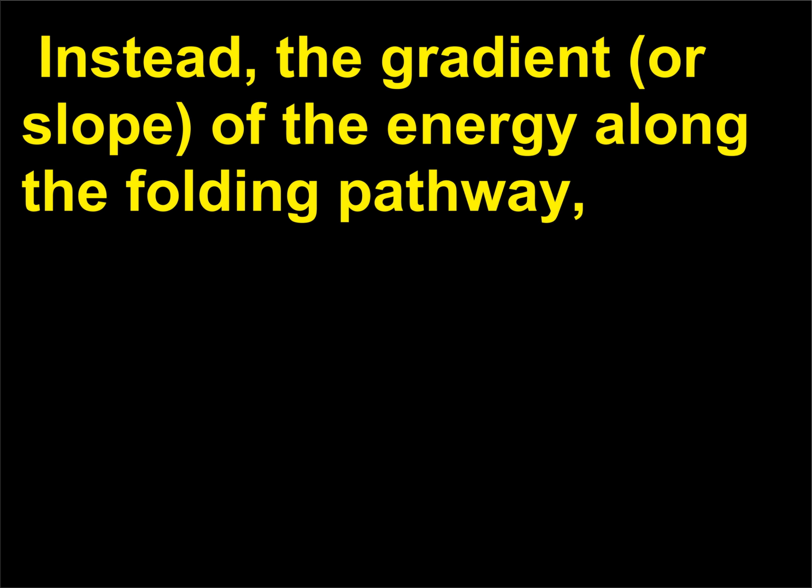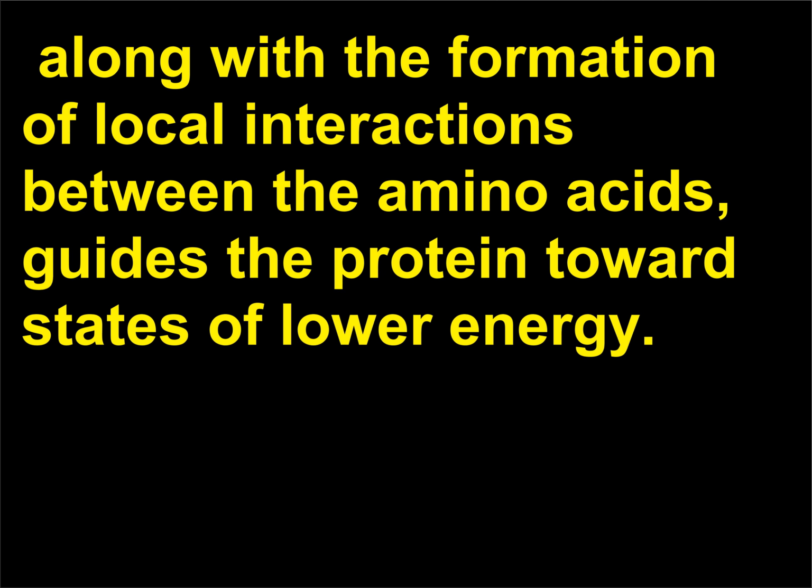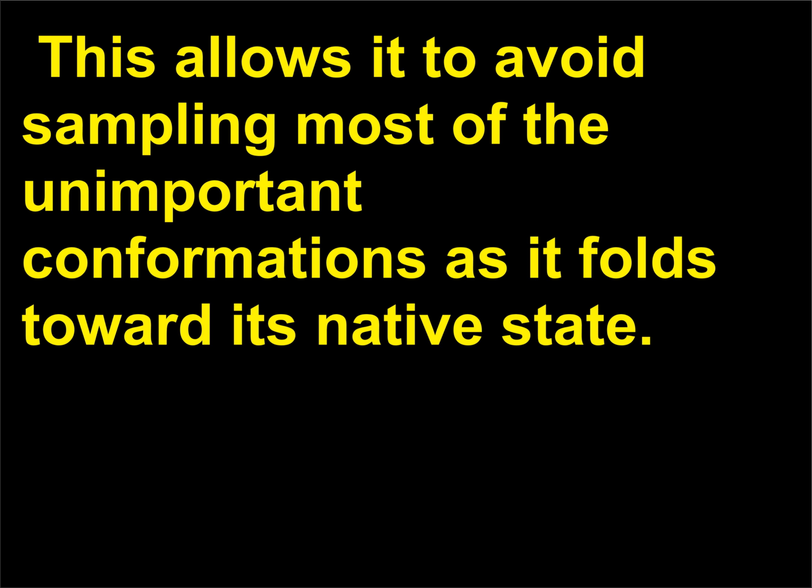Instead, the gradient, or slope, of the energy along the folding pathway, along with the formation of local interactions between the amino acids, guides the protein toward states of lower energy. This allows it to avoid sampling most of the unimportant conformations as it folds toward its native state.